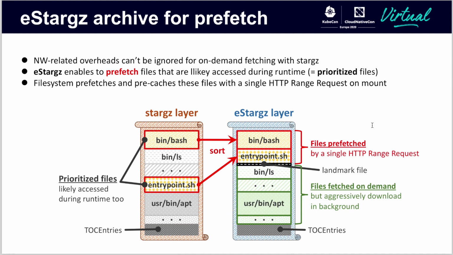When Stargz Snapshotter mounts this layer, the files marked with red boundary are prefetched by a single HTTP range request and precached. Other files marked with green boundary are also downloaded aggressively in the background.